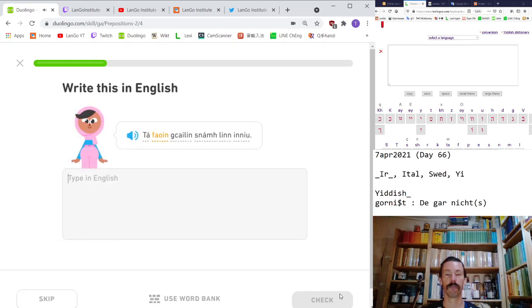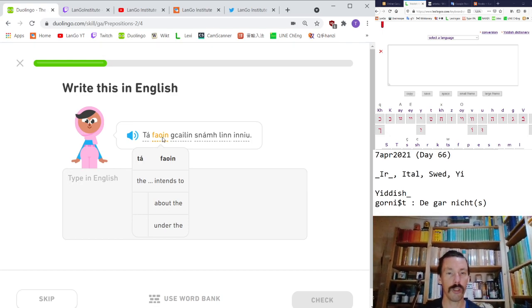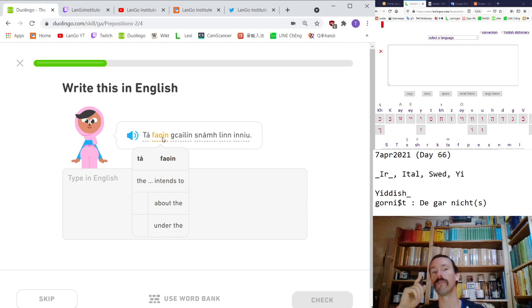Tá fúithi an cailín snámh inniu. Tá fúithi means intend also. Oh, and it's the, without a pronoun, more absolute, but is it definite? Is it the girl or a girl?